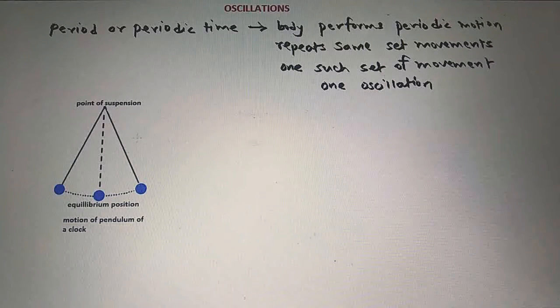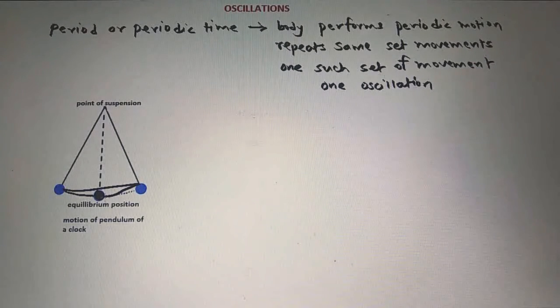See in this figure here. In this figure, there is the motion of the pendulum of a clock. This is the equilibrium or mean position of the pendulum. The pendulum is a body here, and it moves backward, then forward, then comes to its mean position, again moves backward, forward, and comes to its mean position.